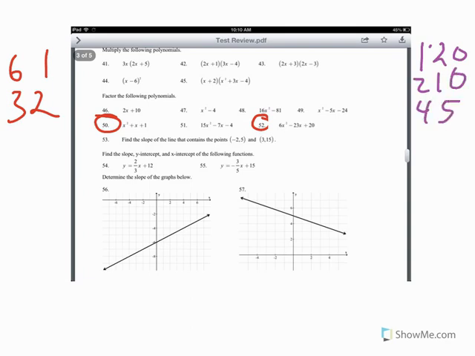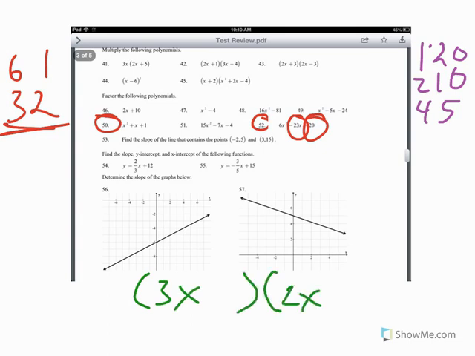I think that's it. So now I'm going to guess and check. I don't know the answer to this. Because 20 is fairly big and 23 is fairly big, I'm going to start with my small numbers of 6 and 2. So 3x, 2x, and I'm going to go from here.